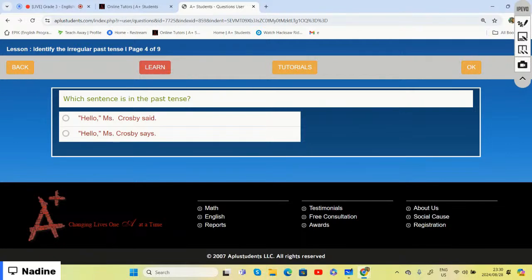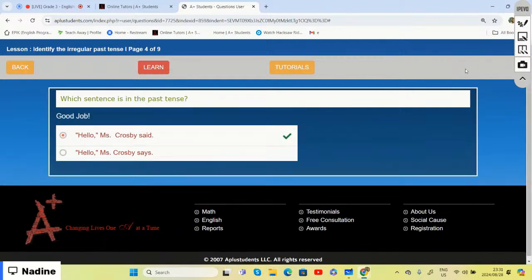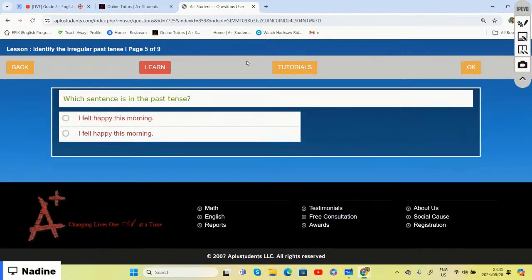All right, and if we choose the correct option, we would say option one, which is hello, Miss Crosby said, is our irregular past tense verb.